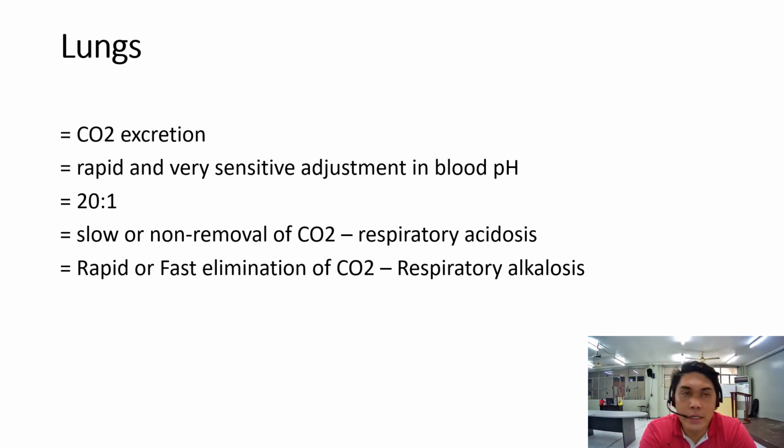So first, regarding the function of lungs in the regulation of blood pH, you have the excretion of carbon dioxide. Okay, so remember that CO2 greatly affects the pH in our blood.